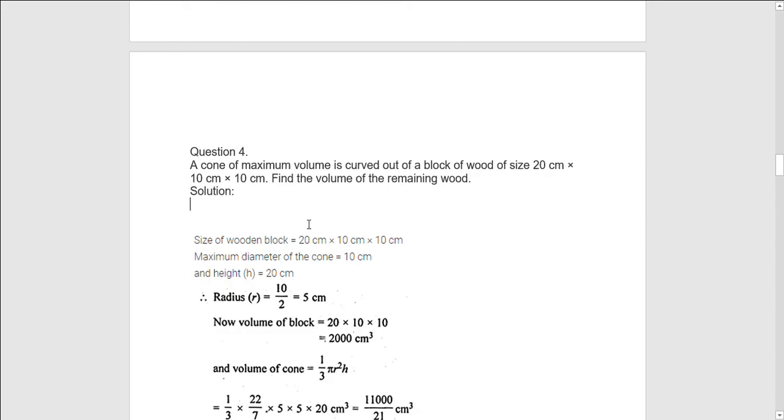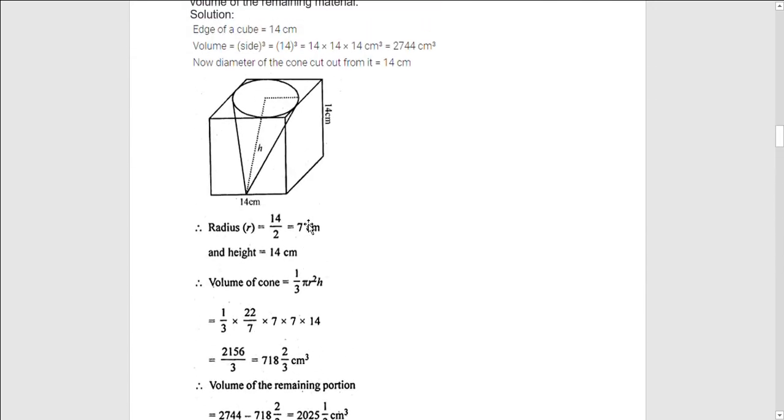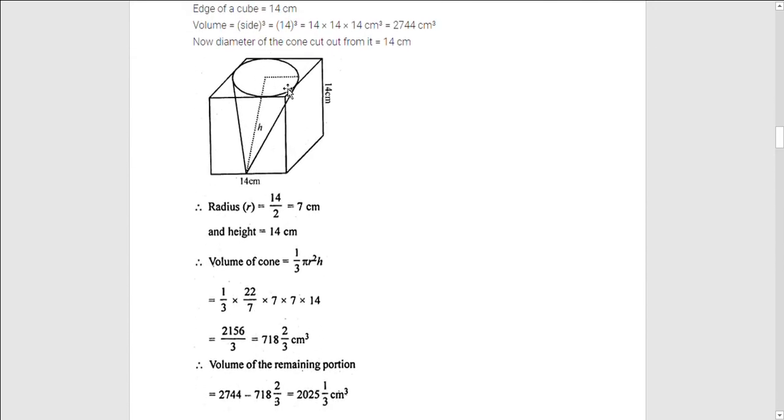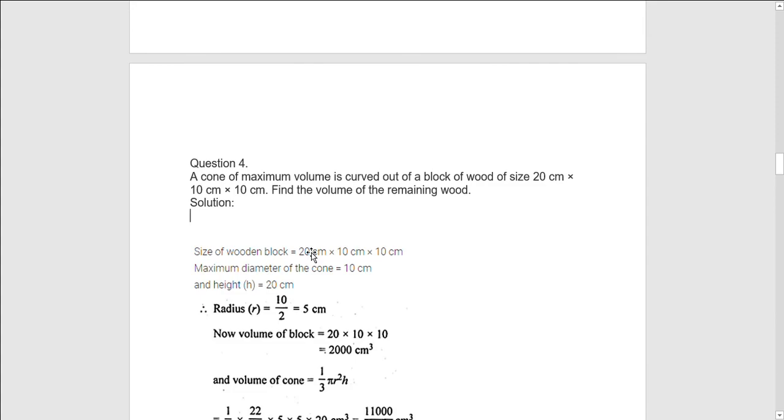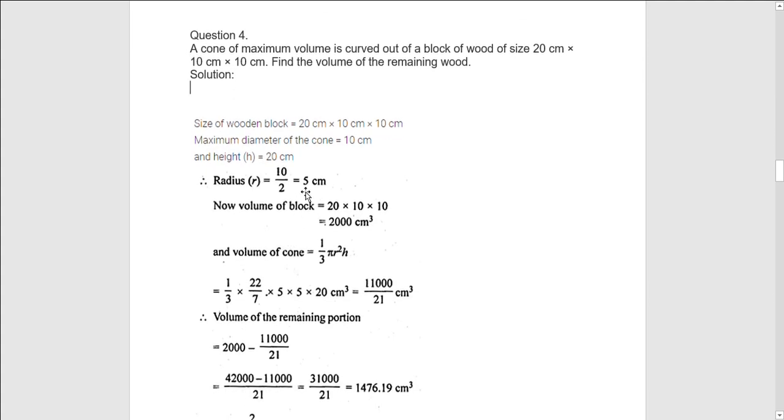If you look at this figure, in that figure it was a cube, here it is a cuboid. So in the cuboid, height is 20 and the other side is given here as 10. So this becomes the diameter. So 10 upon 2, this is the radius.